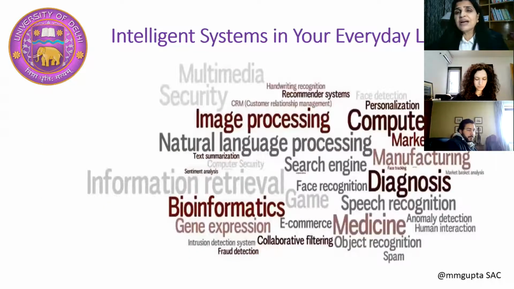And now you know that artificial intelligence or intelligent systems are there in your everyday life. You use them for image processing, face recognition, bioinformatics, gene expression, medicine, handwriting recognition, and all sorts of things. Artificial intelligence is everywhere nowadays.